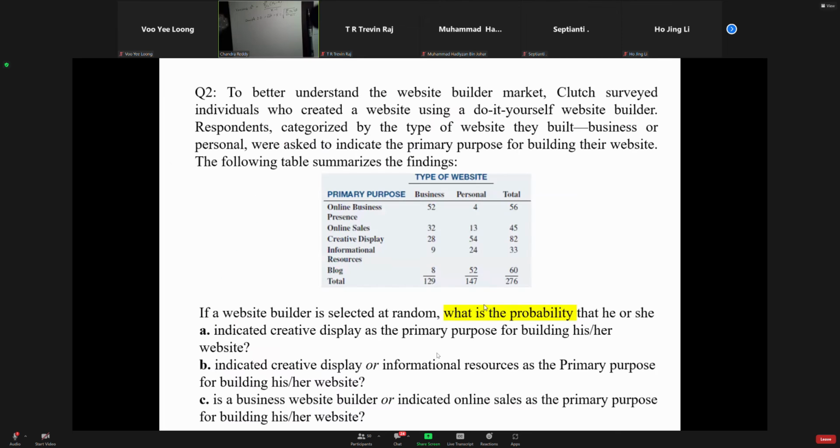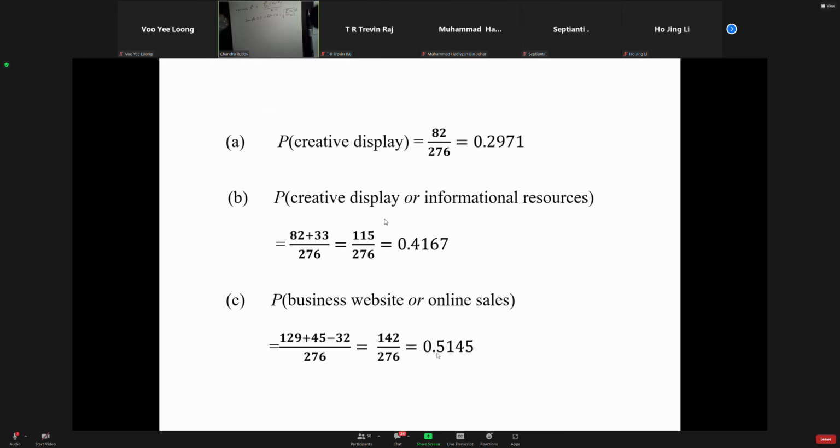All right. Okay, so let us move on to the next part. This is basically the answer for this. So probability of creative display, so 82 over 276. So probability of creative display or informational resources. Okay, so this is one independent event.